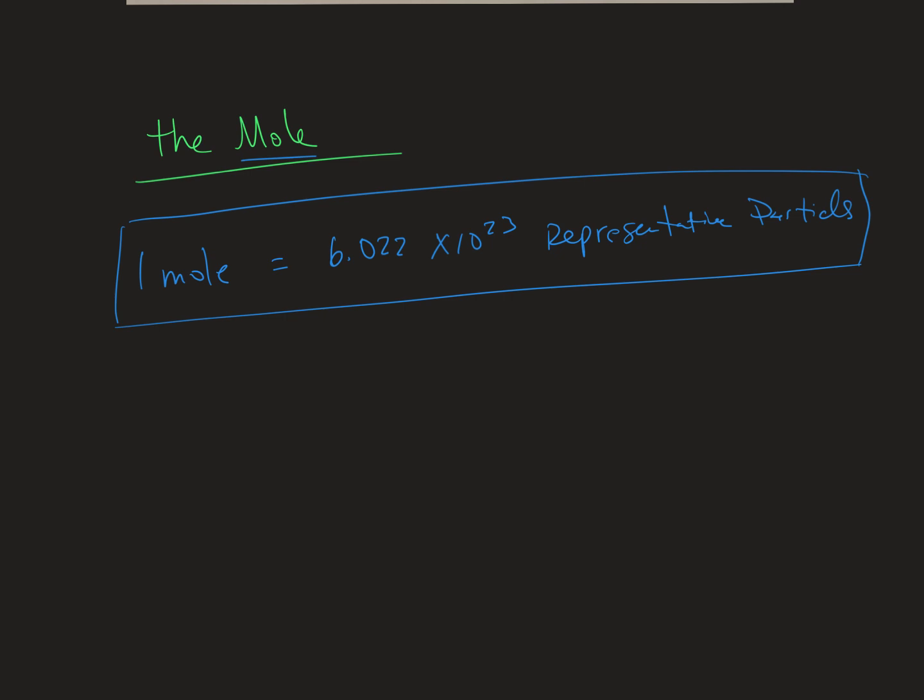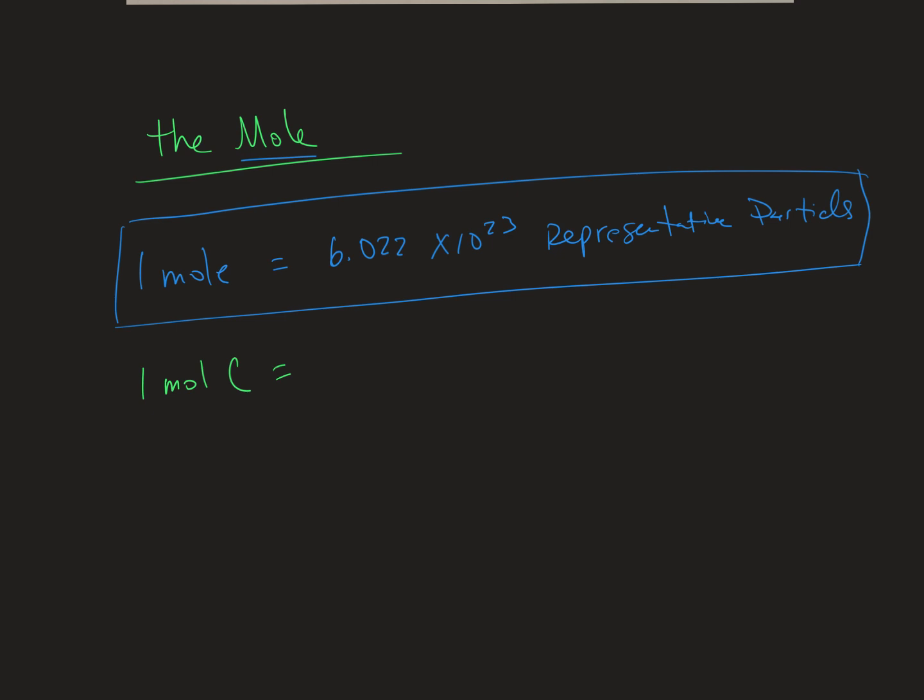Okay, so if we have 1 mole of carbon, what's a particle of carbon called? An atom. The smallest particle of carbon that still tells us it's carbon. It represents carbon.